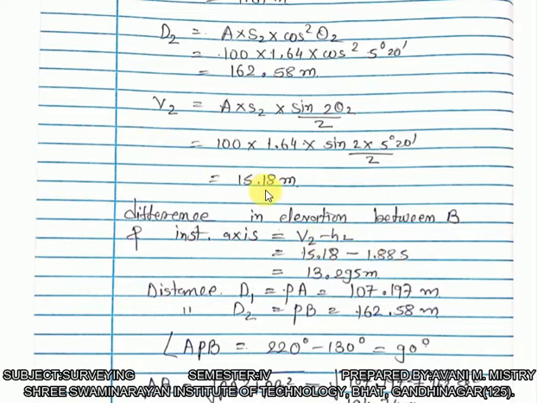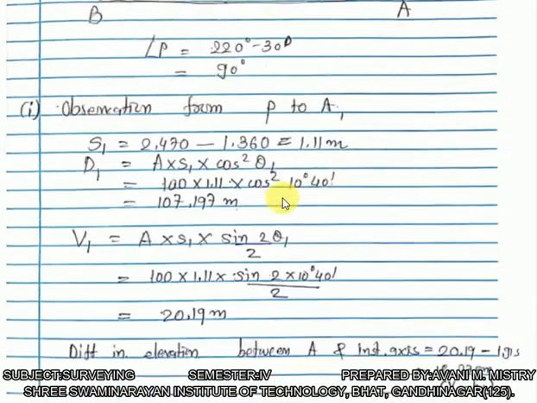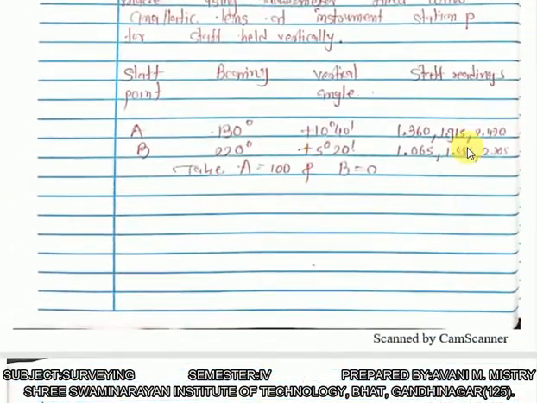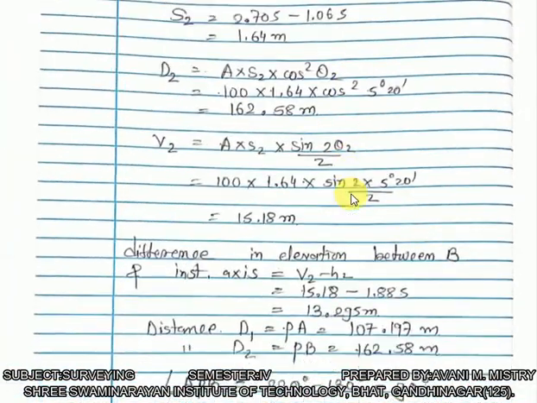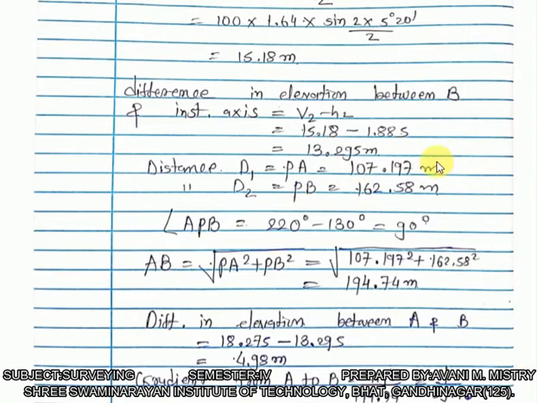Value of V2 is 15.18, and H2 is the central hair reading, 1.885, that is 13.295. The distance D1, PA, is 107.197 meters, and the value of D2, PB, is 162.58 meters, and angle APB is 220 minus... bearing of A minus bearing of B is equal to this, then the difference is 90 degrees.